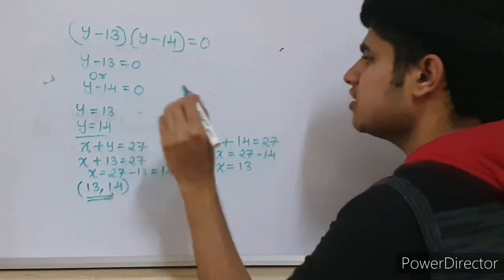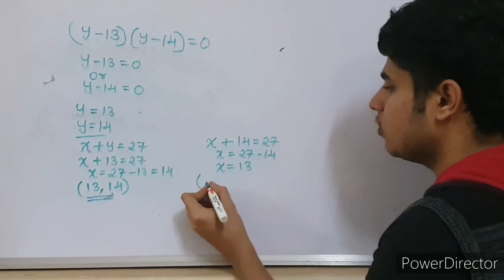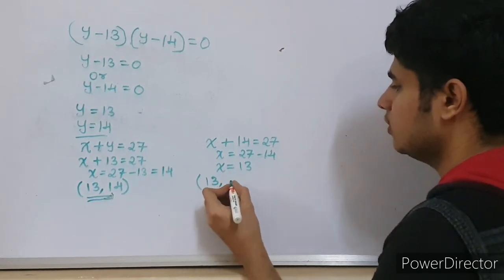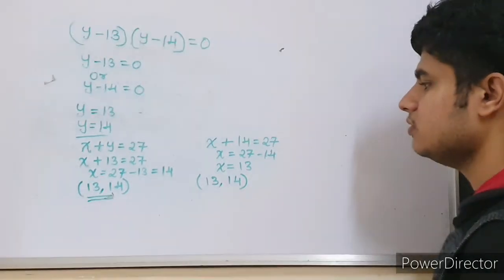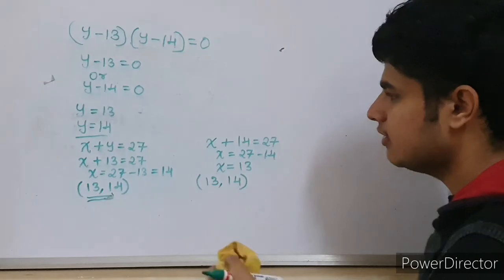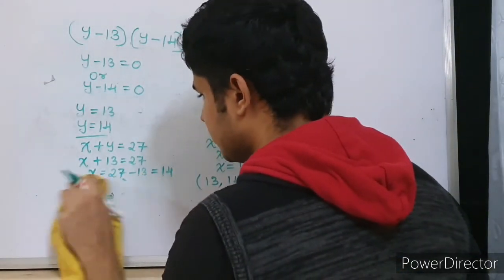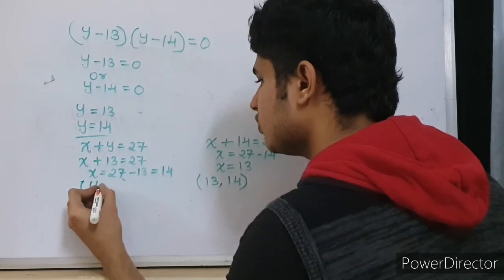So the second solution set is I took y as 14 and x I got as 13. I did not write it properly, I wrote this the other way around. This is 14 comma 13.